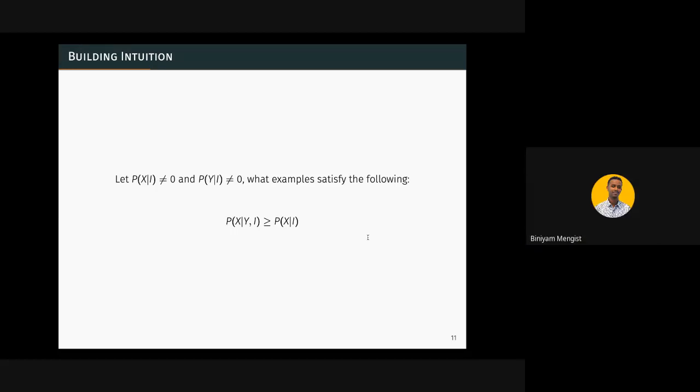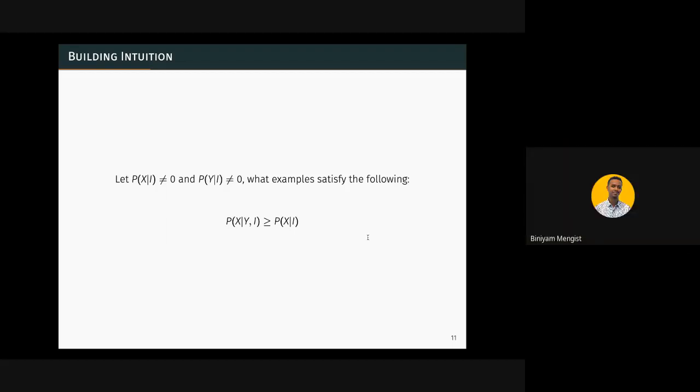Okay, let's say I denotes it being summer, for example in Ethiopia. And let's say X represents the chance of raining and Y represents the chance of the day being cloudy.